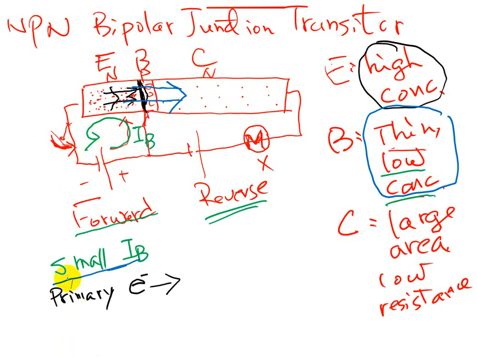So the primary electrons diffuse to the right across the interface to the base section, and most of these electron charge particles do not recombine with holes and move toward the collector side. So a lot of electrons are coming from the p-type base area.